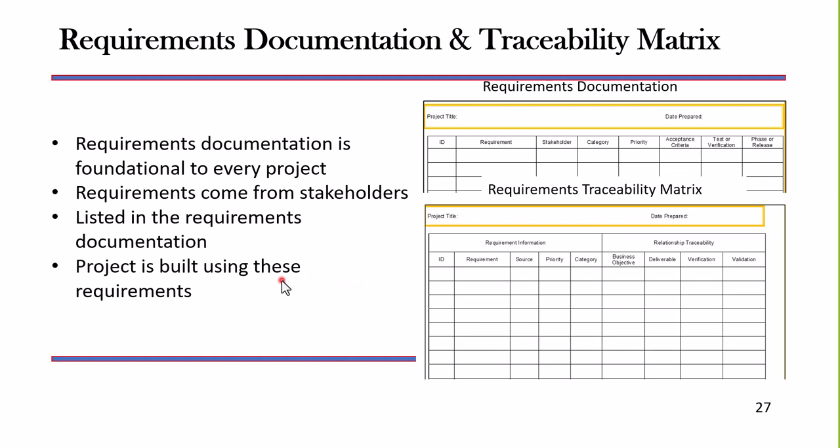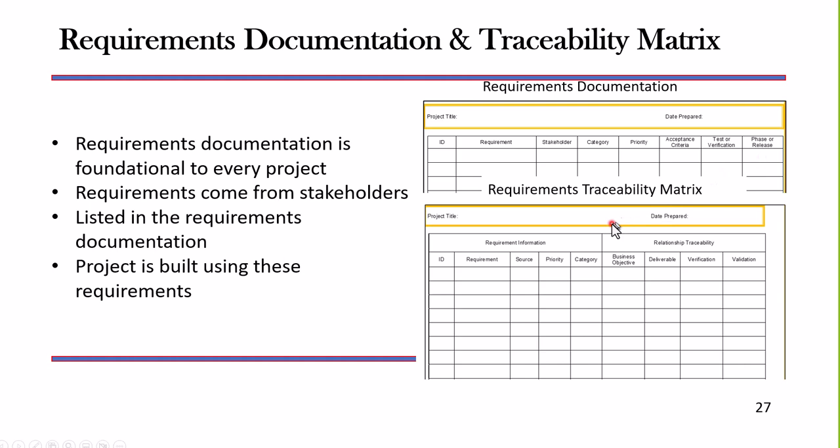So requirements documentation is basic information such as the requirement, the stakeholder, the category, the priority, the acceptance criteria, how we're going to test or verify it, and in what phase it will be released. Those are important items that we need to understand for our project.